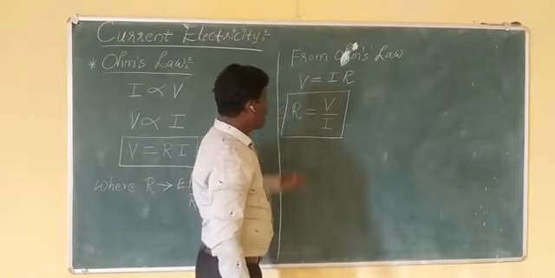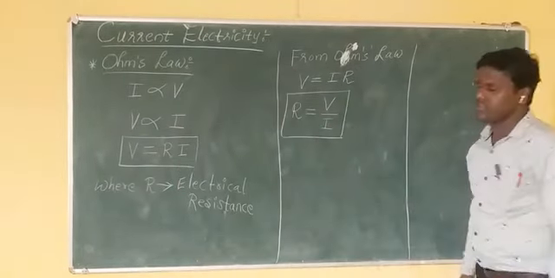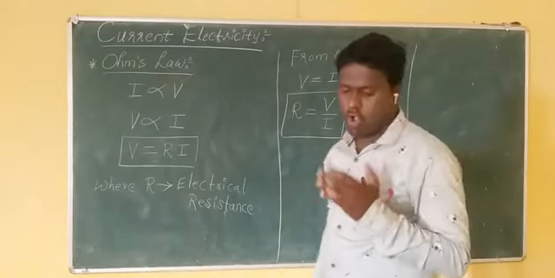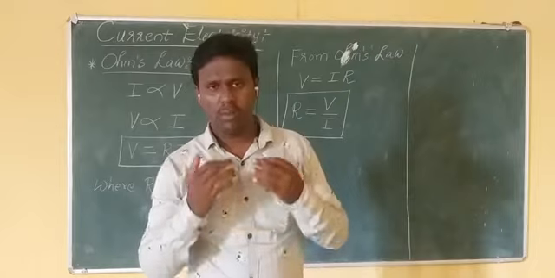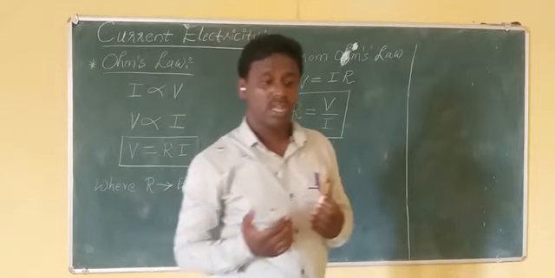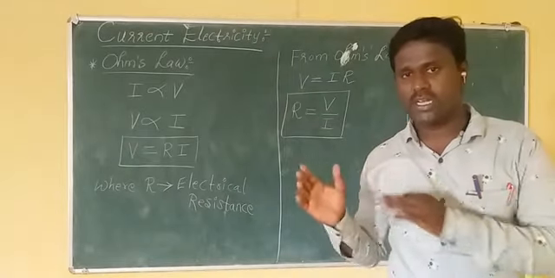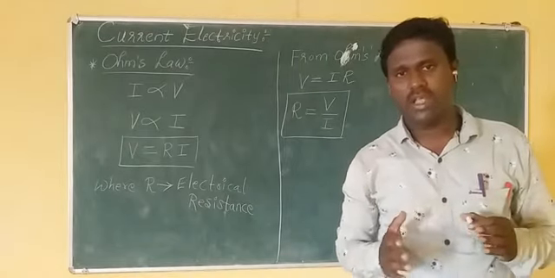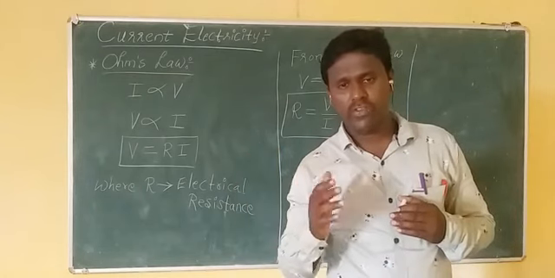How do we define the term electrical resistance? Commonly, electrical resistance means the opposition given by the conductor or a metal to the flow of current through its surface.